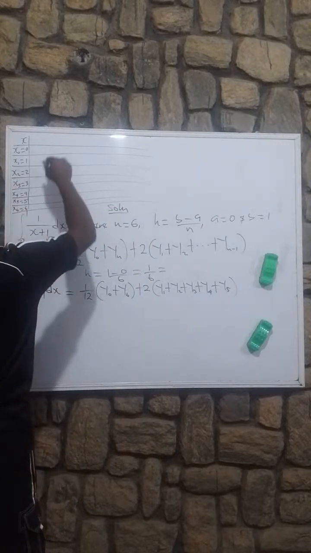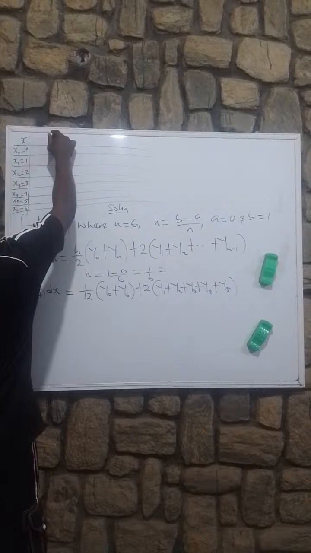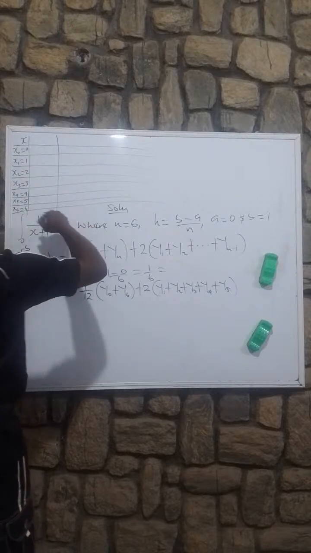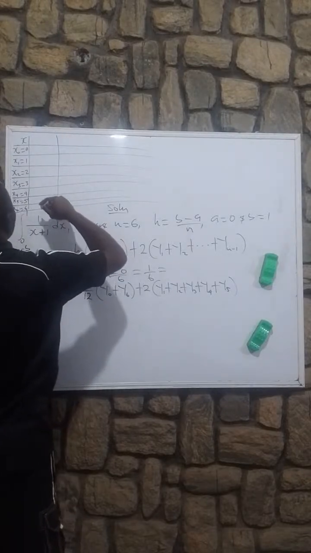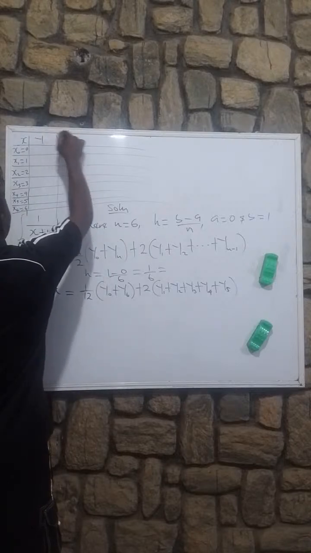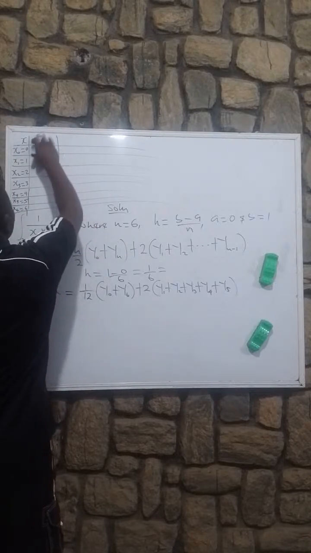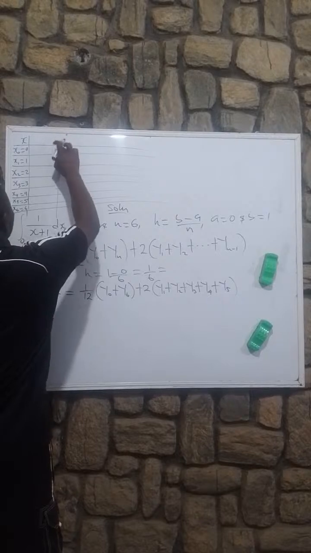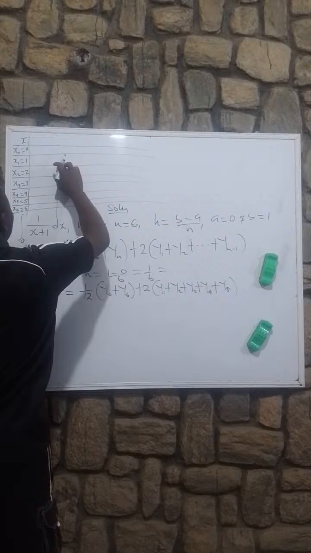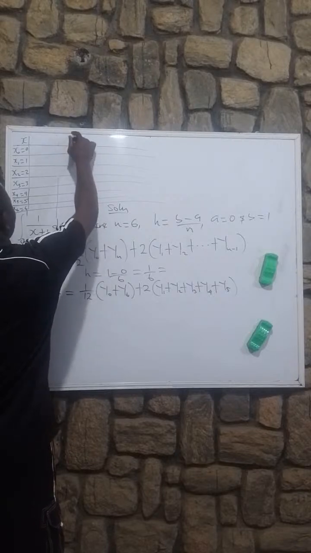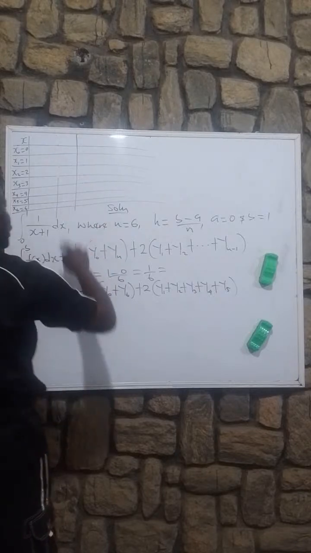Okay? So, this is Y. Okay, let me leave it like this.